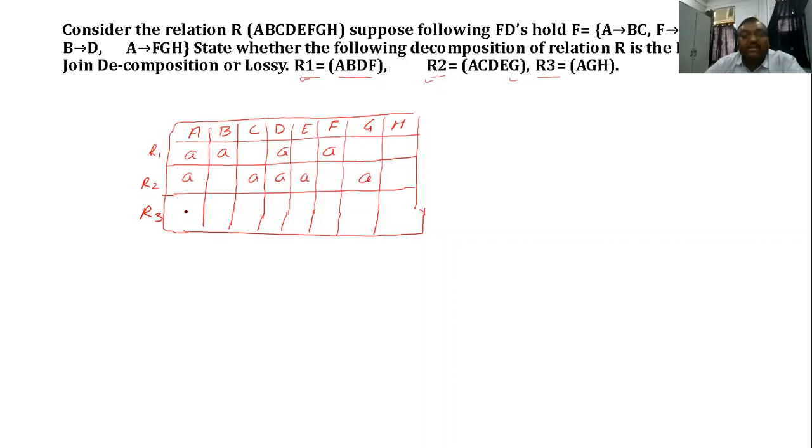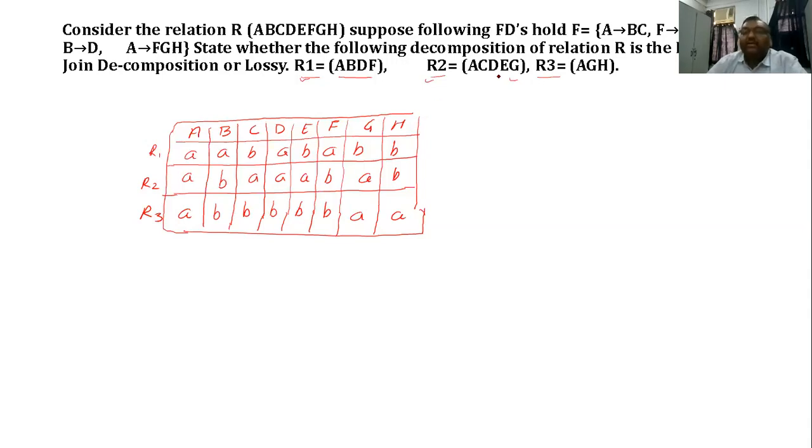In R3 we have A, G, H, so write small a there. In all the rest of the places, put small b. Now, with the help of all these FDs, try to make all a's in any one row. Whenever you get all a's in any one row, write that this decomposition is lossless.